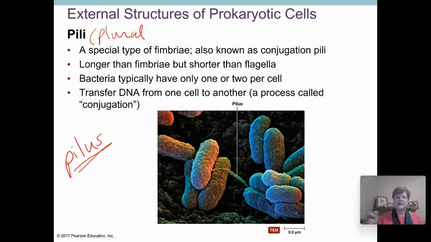And what happens is DNA can be transferred from one cell to another through that tube. That process is called conjugation. So bacterial cells can pass DNA from one cell directly to another if they have a pilus. All right. And that's a special type of fimbriae.